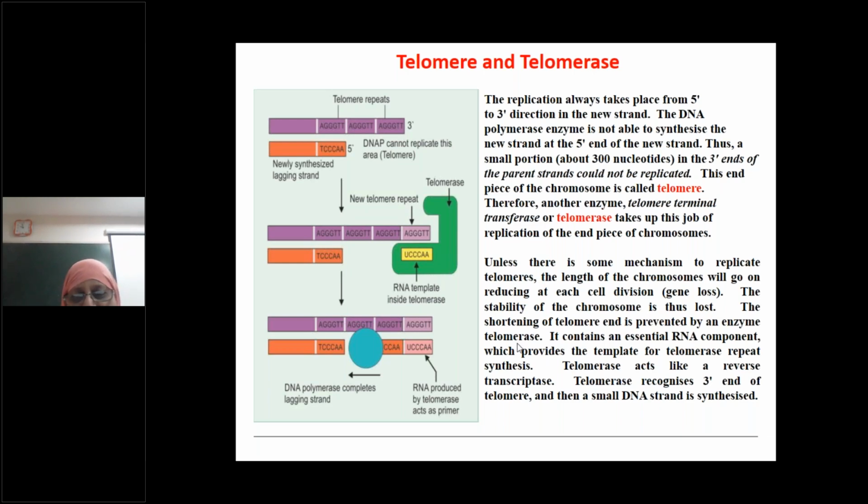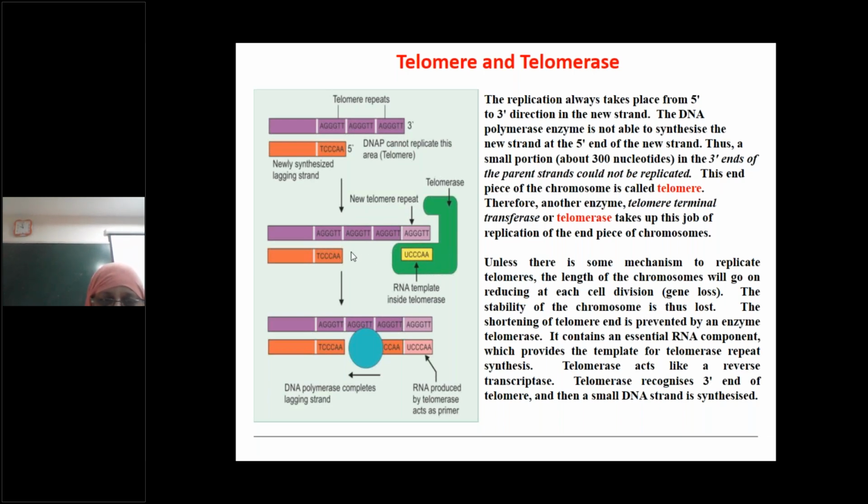What is this telomerase enzyme? It contains an essential RNA component, which provides a template for telomere repeat synthesis. So telomerase acts like a reverse transcriptase. It recognizes the 3' end of the telomere, and the RNA component of the telomerase provides a template for synthesis of a small strand of DNA.